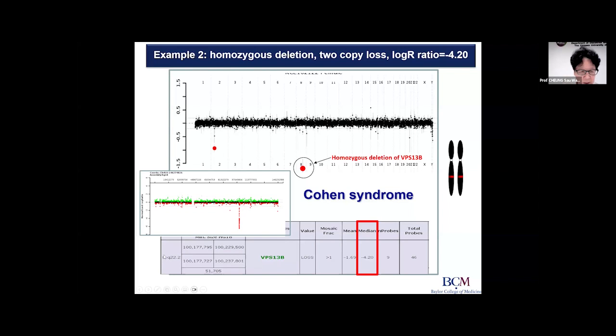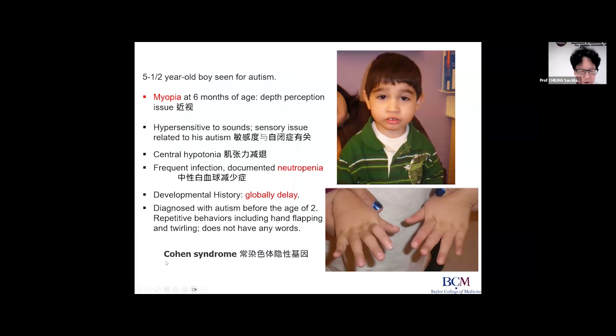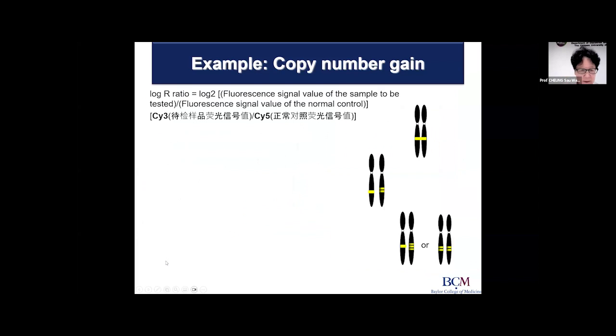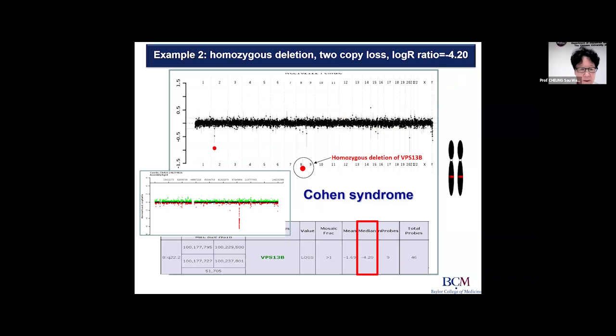When we look at the graph, we know the location of this deletion, this copy number loss, and this is the minimum and the maximum location.